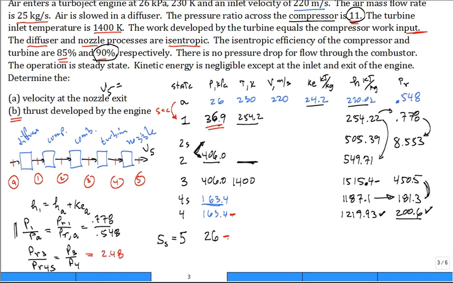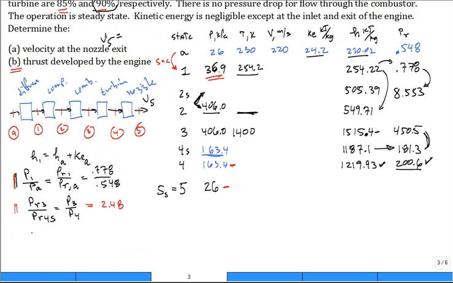It's just like this equation. Let me write it down. The pressure at 5 compared to the pressure at 4, both of which we know, is PR at 5 compared to PR at 4.